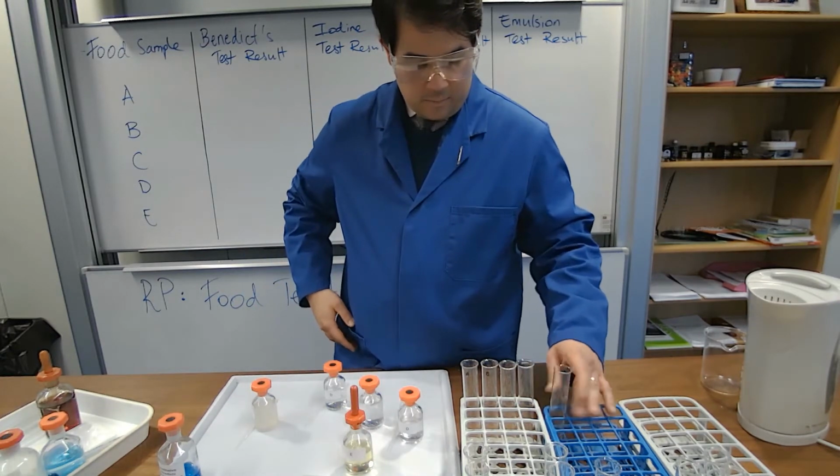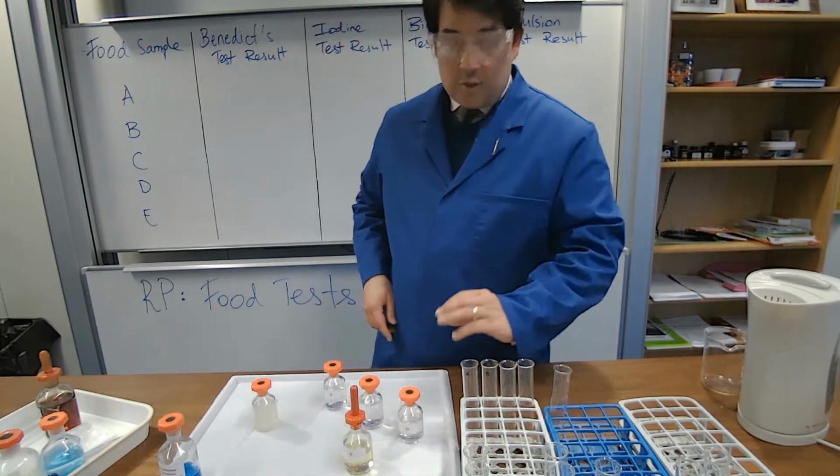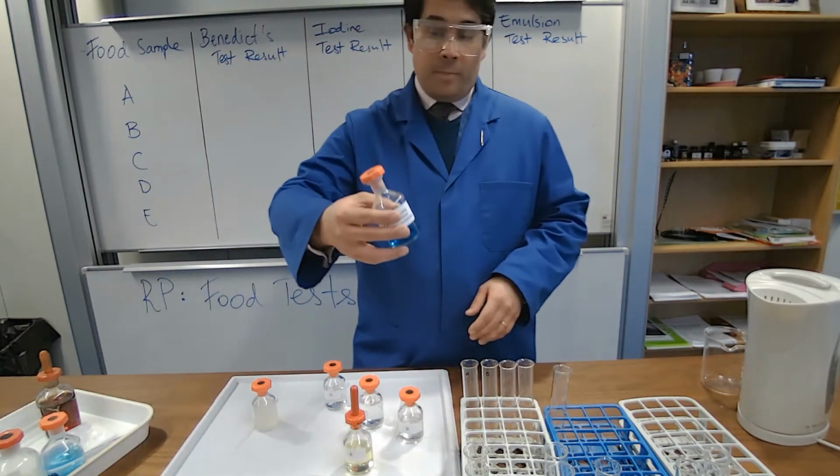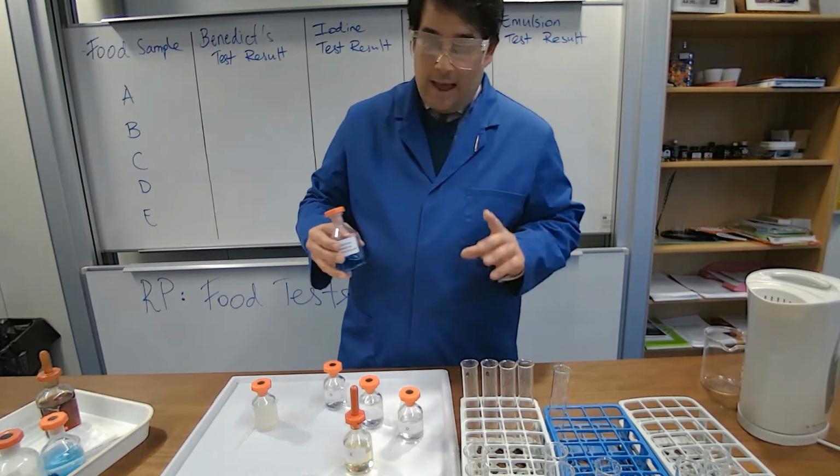Okay, so I've got my 5 solutions. I put 1 milliliter in of each one. I'm then going to put an equal volume of Benedict's into each one as well.